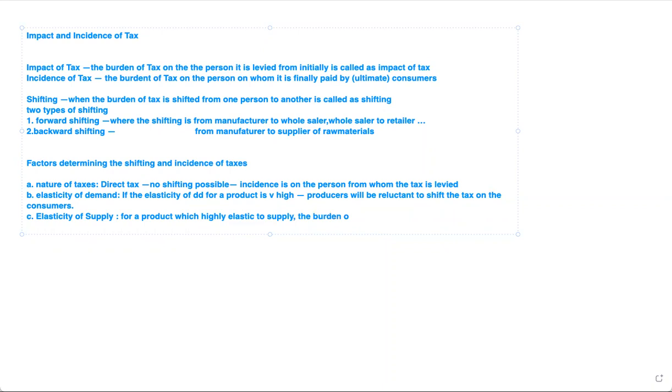The burden of a tax will be more or higher on the consumers. Okay, for a product which is supply inelastic, here we are relating everything to price.